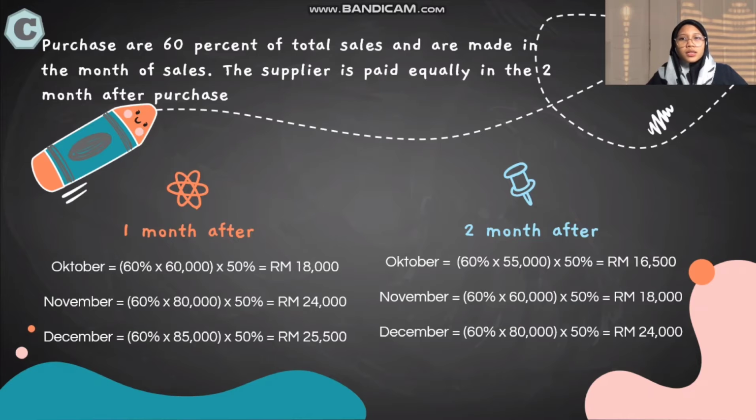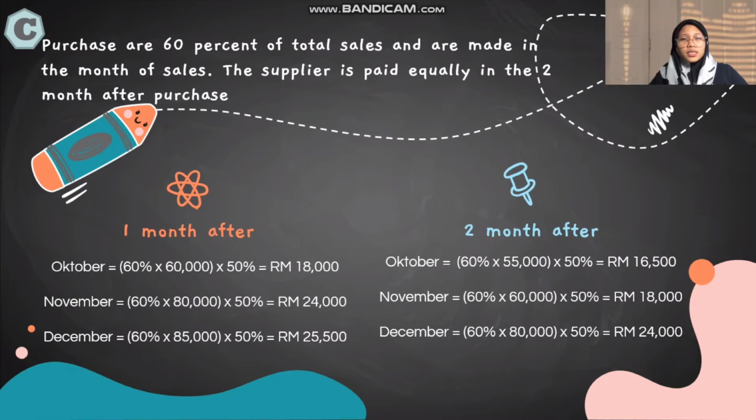So for October, 60% multiplied by 60,000, and multiplied by 50%, and I get 18,000 ringgit. For November, 60% multiplied by 80,000 ringgit, and multiplied by 50%, and I get 24,000 ringgit. And for December, 60% multiplied by 85,000 ringgit and multiplied by 50%, so I get 25,500.